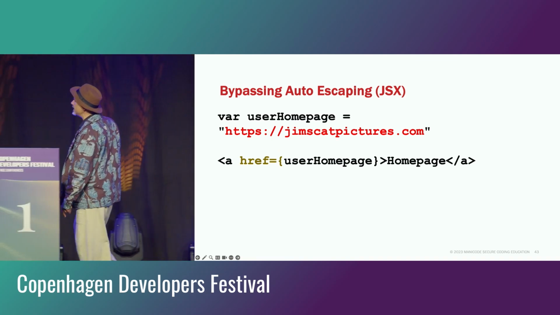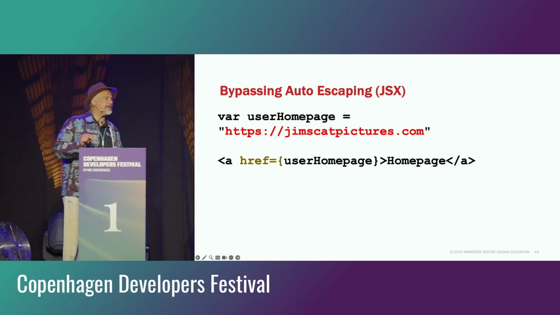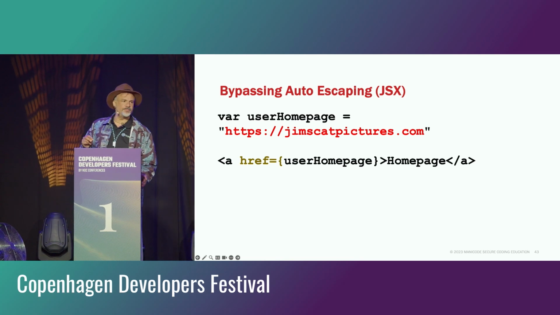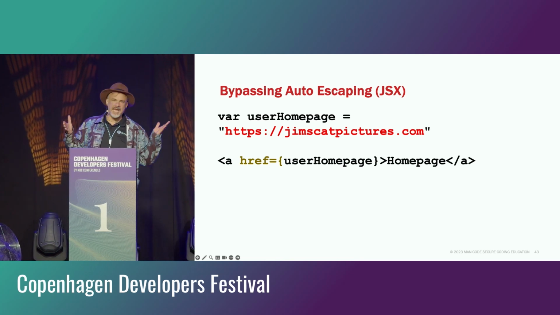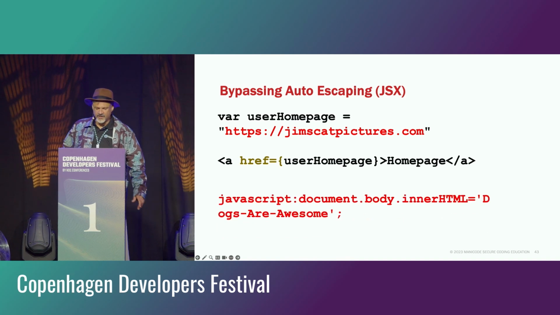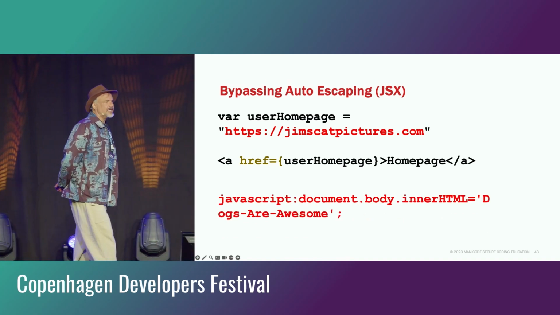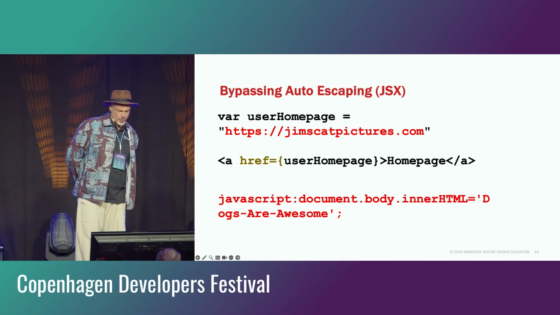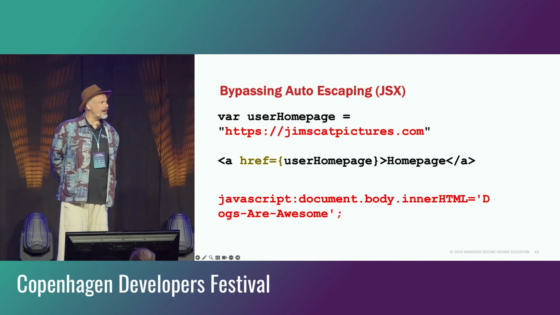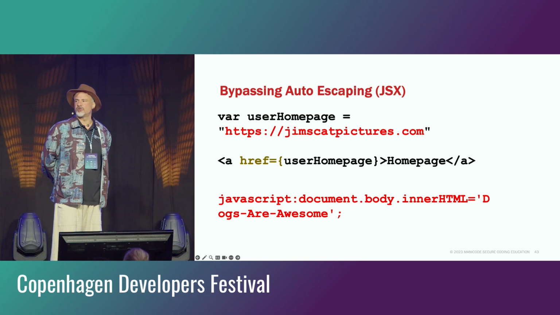The problem is that the user homepage will get escaped, but an escaped attribute is still going to work and execute as a URL. So if your only logic is to check that it's a valid URL, then this is a valid URL: JavaScript, document body, inner HTML, dogs are awesome, right?